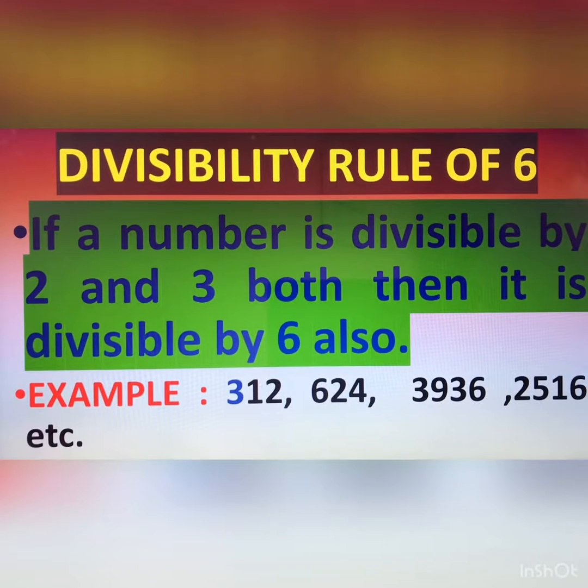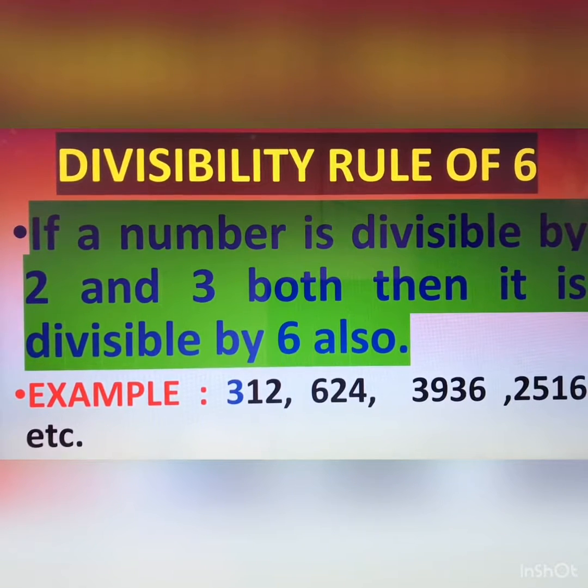Since this 312 is divisible by 3 and 2 both, therefore this number 312 is also divisible by 6. Similarly, 624, this number is divisible by 2 and 3 both, therefore this is also divisible by 6.